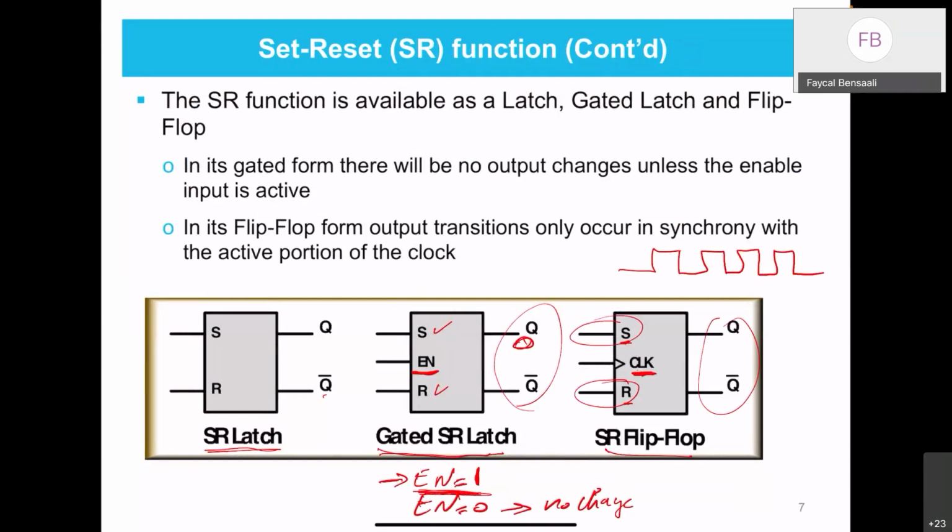If it is not 1, there will be no change on the output. Even if we change S and R, Q and Q bar will not change. They will stay as they were. Same for the SR flip-flop. Q and Q bar will be updated based on the clock signal. I mean, when do they need to be updated? It will be based on this clock. And I will explain this later.